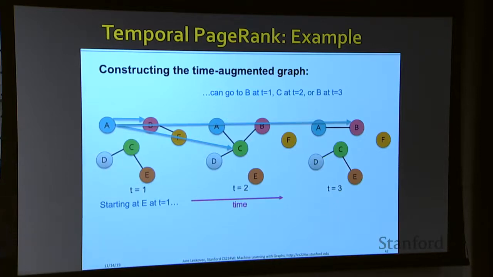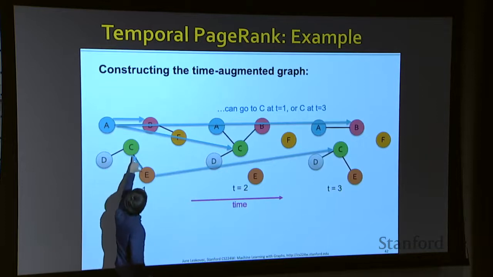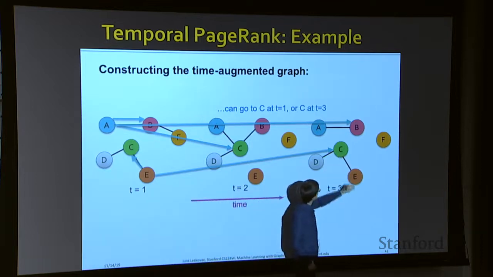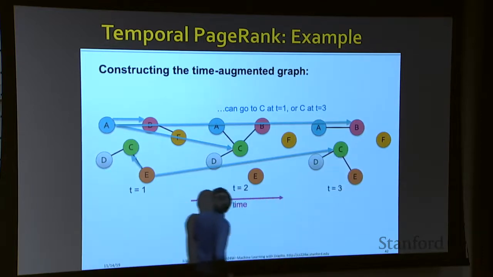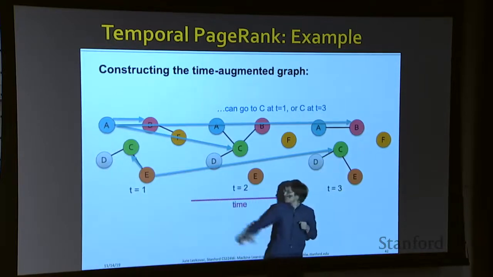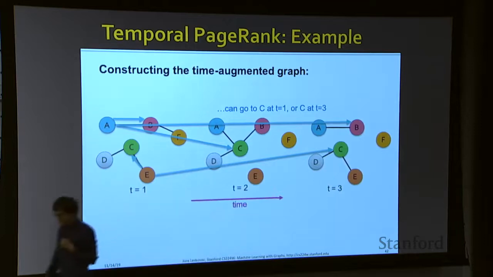Okay, that is the idea. And now this is how we will think about this, right? And again, as I said before, for example, this edge will be here because this edge is alive here. But for example, the edge between E and C is alive also at time 3, so it means that E will link to C at time 3. So E at time 1 links to C at time 3.